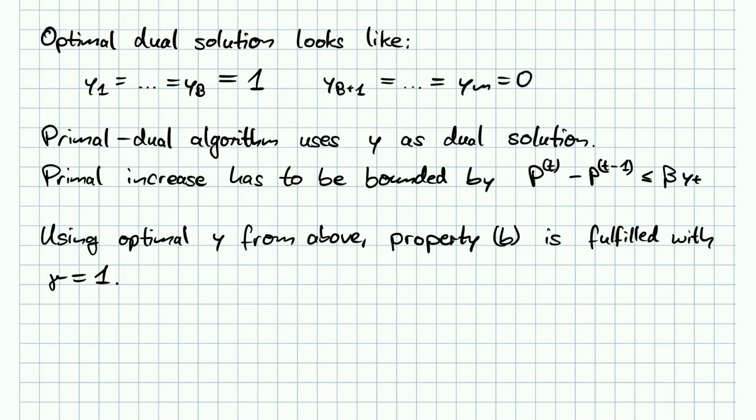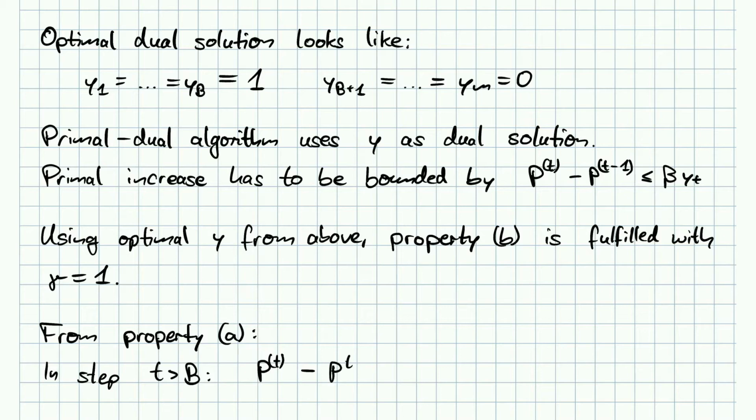Now what can we derive from this property A? We'll need that in a step t, which is greater than B, p_t minus p_{t-1} will have to be bounded by beta times y_t, but y_t, how much is the optimal solution spending there?